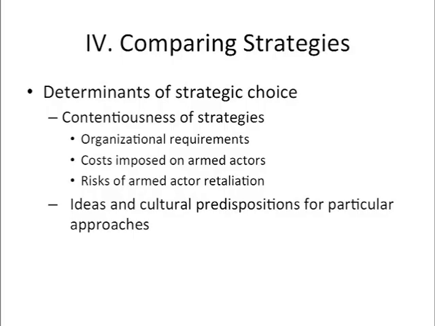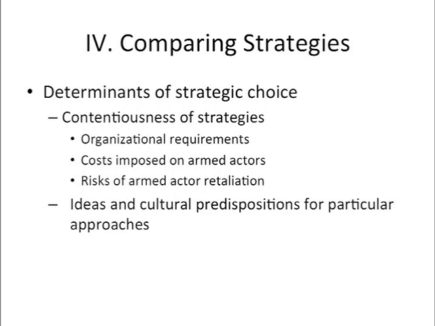Okay, so let's do a quick comparison of the different strategies. I think there are really two ways of thinking about the determinants of strategic choice. One of these is the contentiousness of armed group strategies. Tilly, McAdam, and Tarrow present this idea.